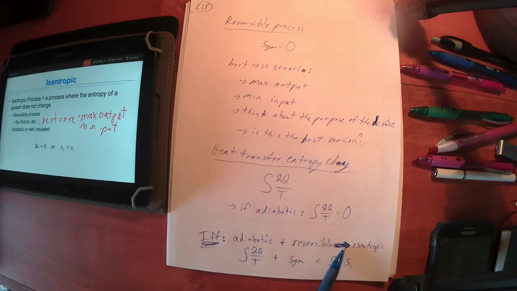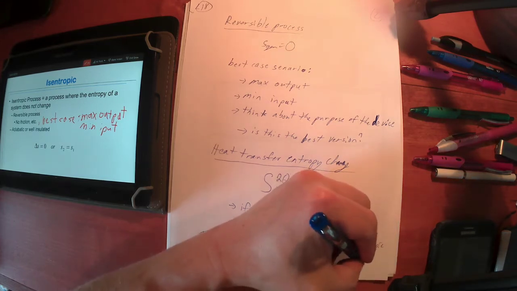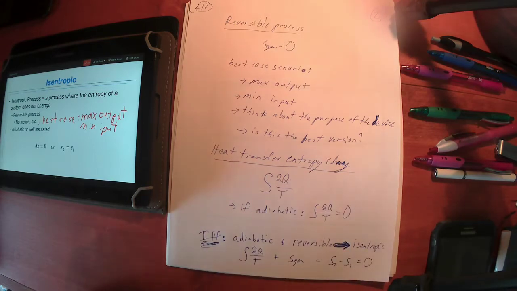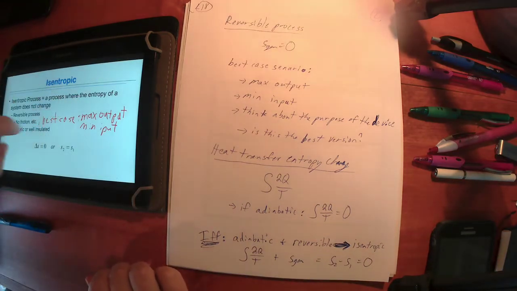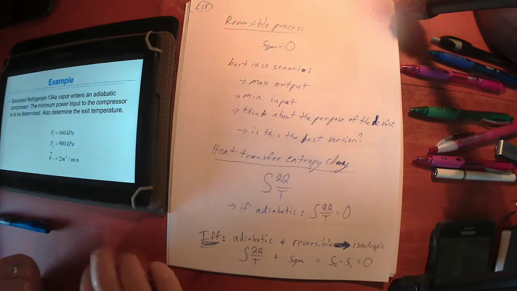If I know it's isentropic, I don't know adiabatic and reversible. But if I know adiabatic and reversible, I do know it's isentropic. I hope that makes sense. I've repeated that two or three times because that is a pretty complex subject, but it is important.